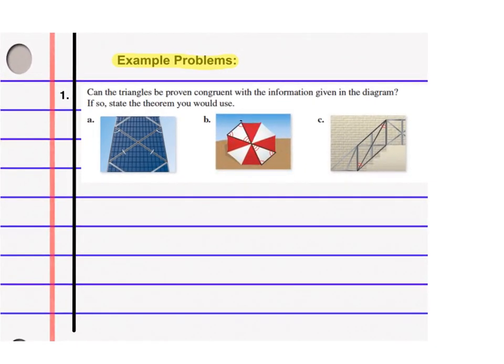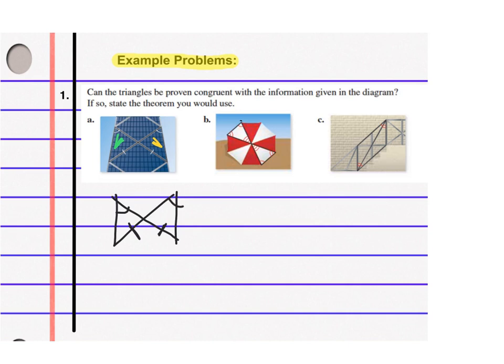All right, here is our first example problem. Can the triangles be proven congruent with the information given in the diagram? If so, state which theorem, like SSS, SAS, you would use. It's a little hard to see part A, so I'm going to redraw the picture. Basically it's this triangle right here and this triangle right here, and we have these sides marked and these angles marked.